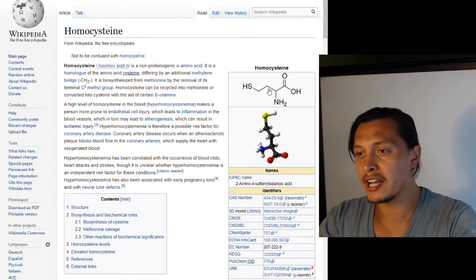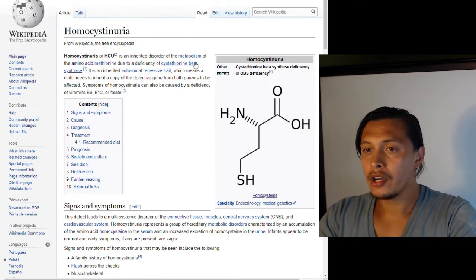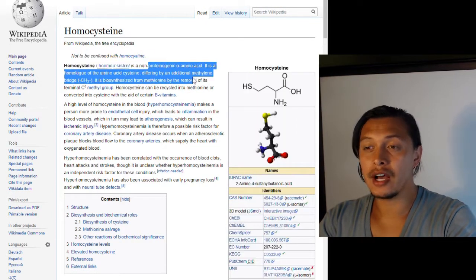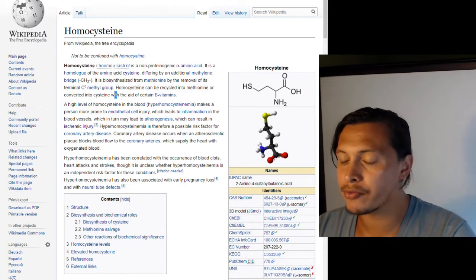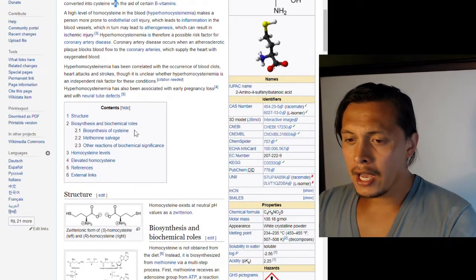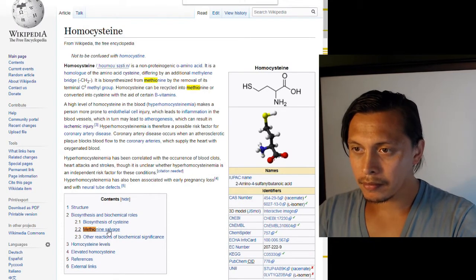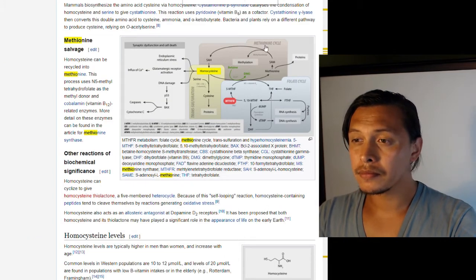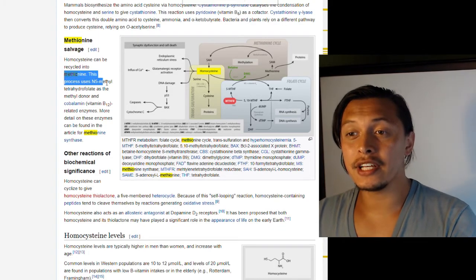However, homocysteine has this extra carbon and then the thiol group. Okay, so homocysteine is a non-proteogenic amino acid, and I think it comes from the degradation of methionine. Just know that it's recycled into methionine.